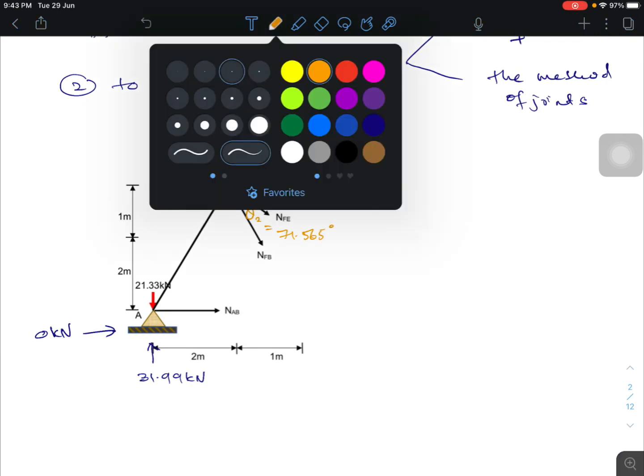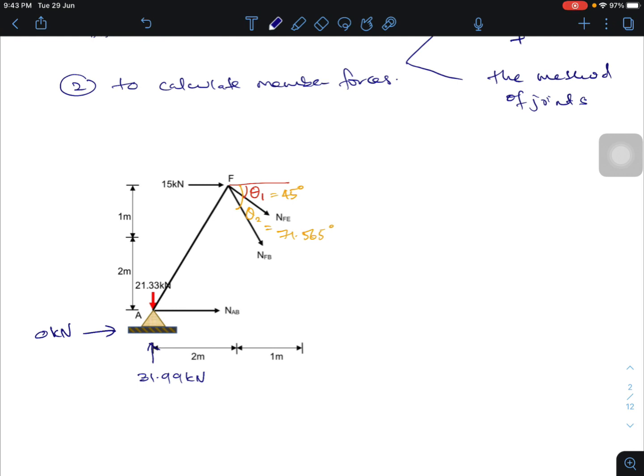Using the method of sections, we can choose joint F, moment at F equals 0. If we take moment at F equal to 0, NFB and NFE are automatically not considered in the construction of the moment equation.